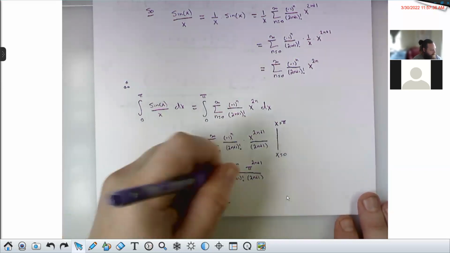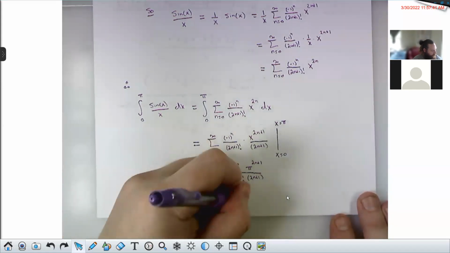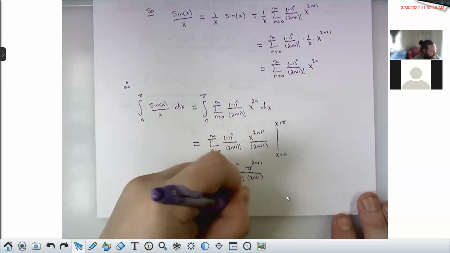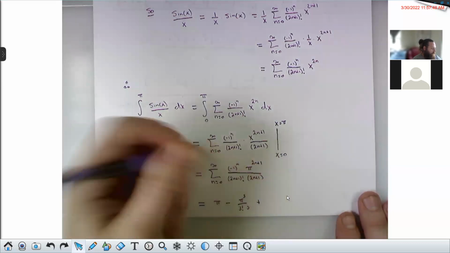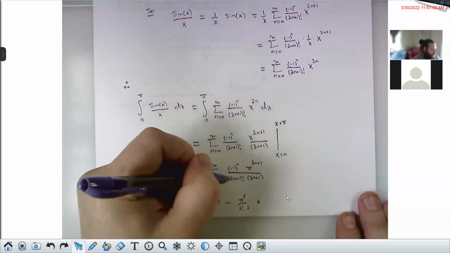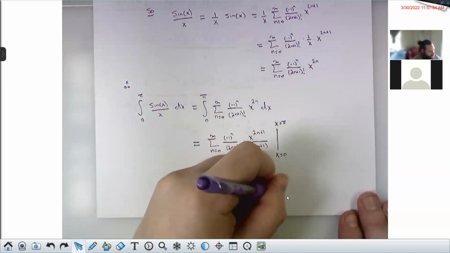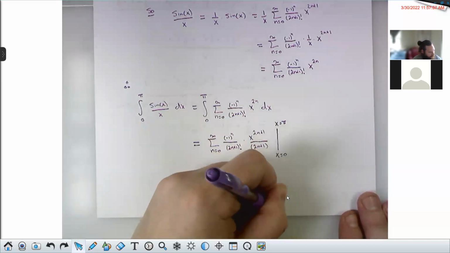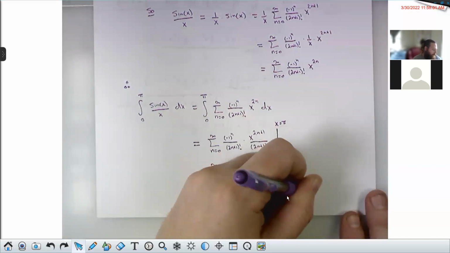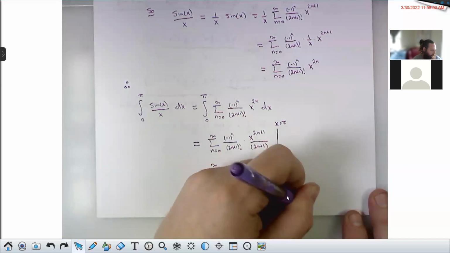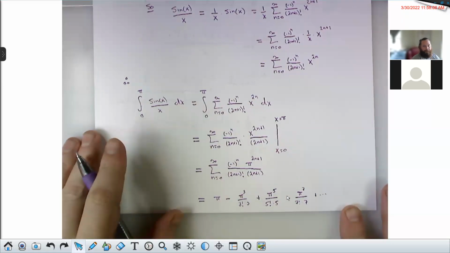When n is 1, you'll have negative pi cubed over 3 factorial times 3. When n is 2, you'd have positive 1 over 5 factorial times 5, and then pi to the 5 upstairs. And it'd continue like this, minus pi to the 7 over 7 factorial 7 plus pi to the 9, and so on.